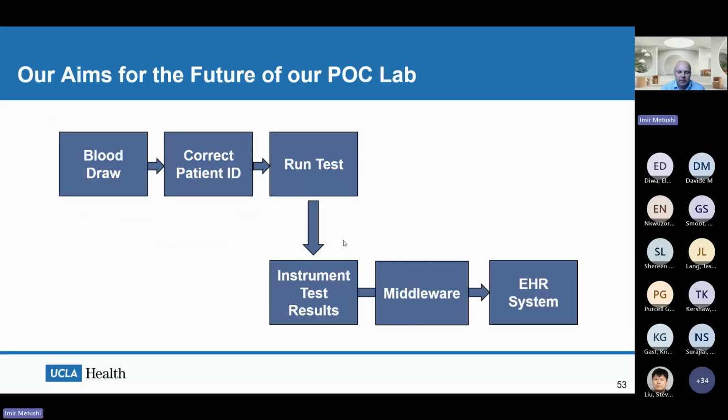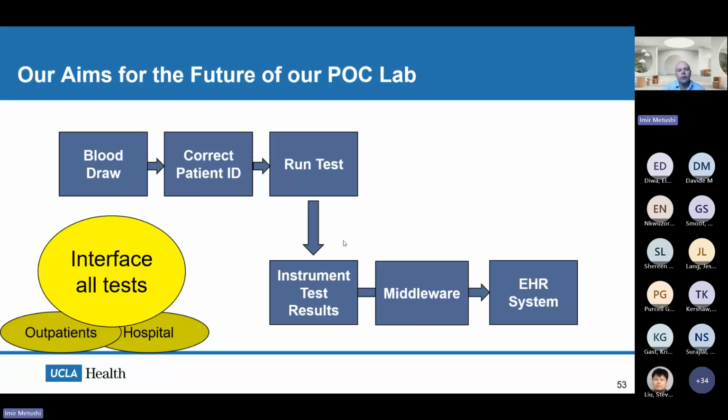What is the future? We talk about the future, where we want to be from here. Point of care testing. We want to be doing what everybody else in the clinical lab and across the country wants. We want to be able to get a test result, make sure that the right test is run, and report the results.